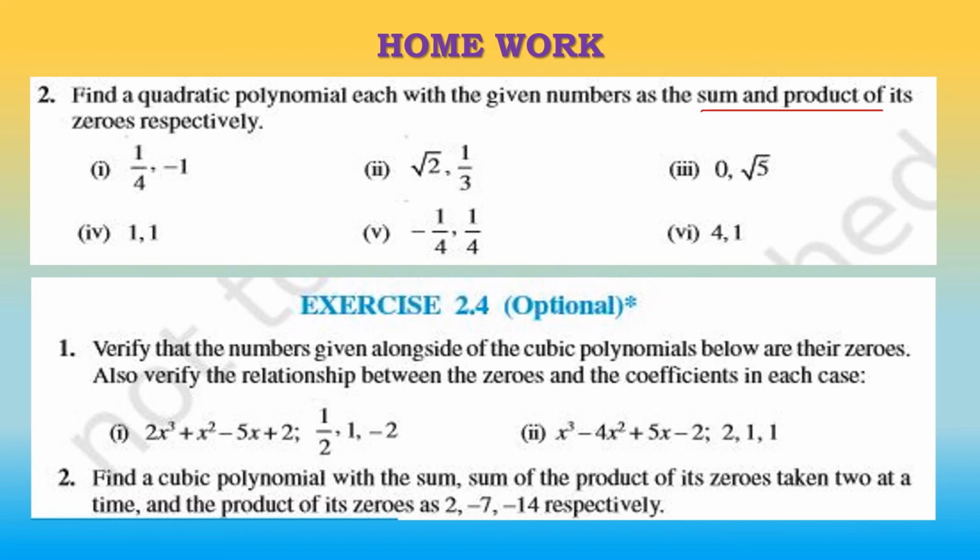Here alpha plus beta and alpha into beta values are given. With the help of the first two exercise problems you can finish this exercise, and with the help of the third exercise you can finish these two examples also. So try to understand the example problems and finish these homework problems also.